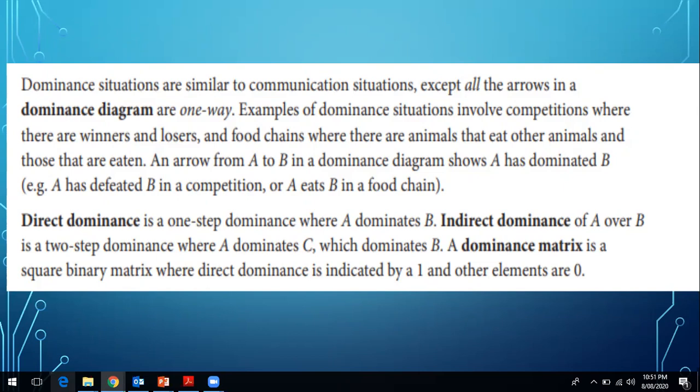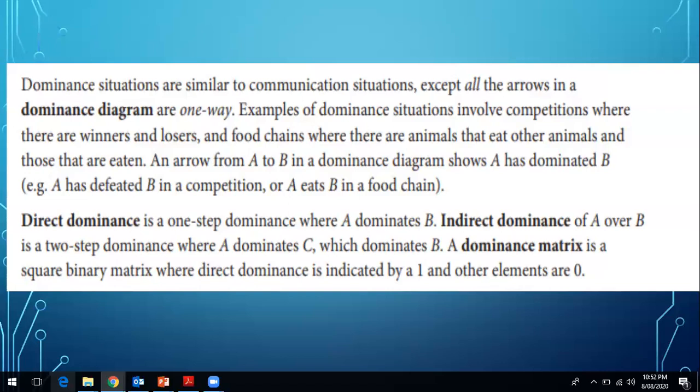Wherever the arrow is going towards, that has been defeated by the other one. So that is your direct dominance. Direct dominance is a one-step dominance where A dominates B, and there is only one arrow from A towards B. There's also indirect dominance of A over B, which we call two-step dominance, where A dominates C and then C dominates B. In the communication diagrams, we had two-step communication, like the example of Flinders Street to Footscray, then Footscray to Werribee catching a train.